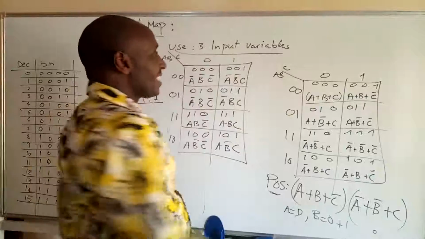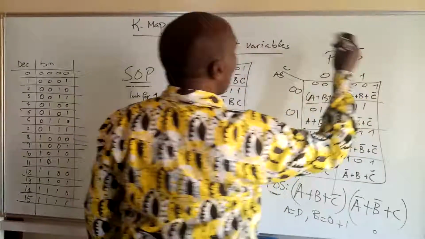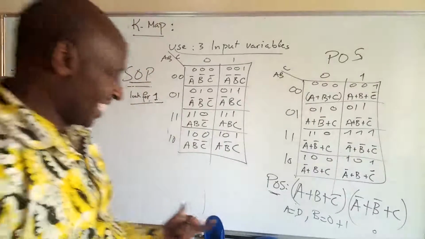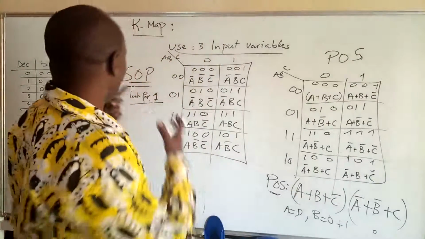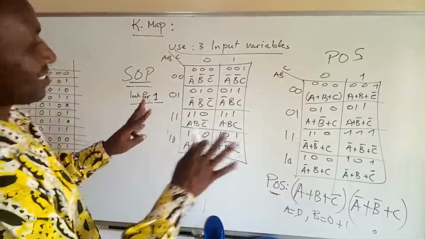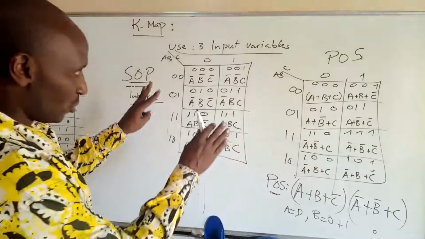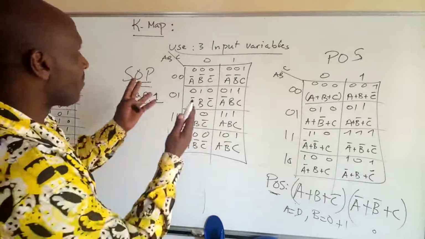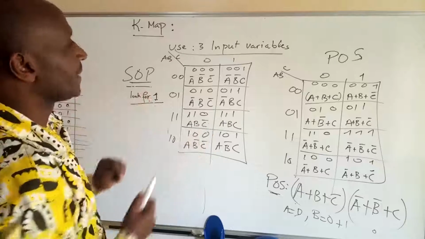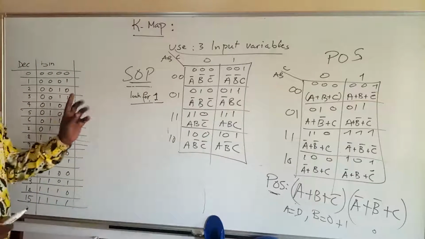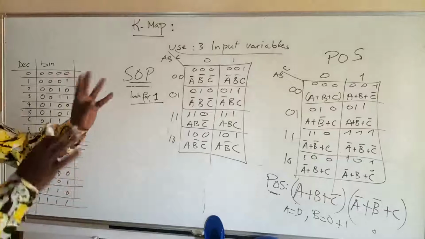So, dear friends, this is the case of POS. Remember, for a POS, we want a 0, but for an SOP, we want a 1. Good. So, this is another thing I wanted you to know, because it will help us in the coming simplification. Good. So let us now look at how we can simplify.